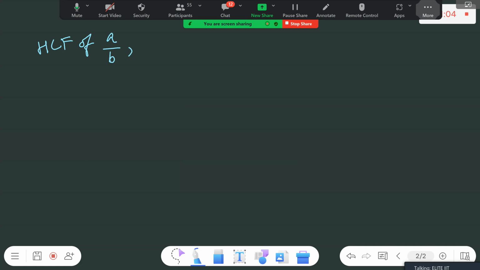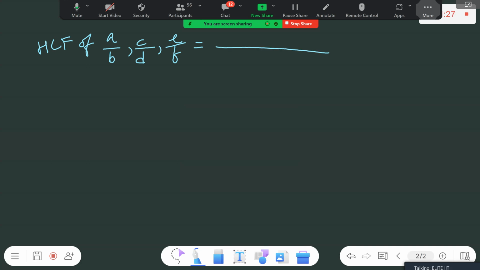A fraction is written in the form a by b, some number by some number. Then suppose I take another one, c by d. I can take another one, e by f. So what will be the HCF of these three fractions?